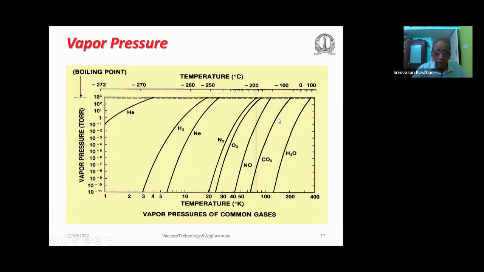So also for carbon dioxide and nitrous oxide. As the boiling points of these fluids become lower and lower, the vapor pressure values are higher and higher.